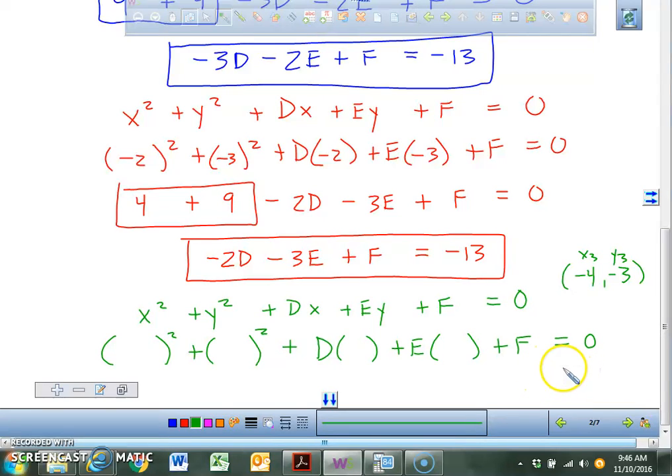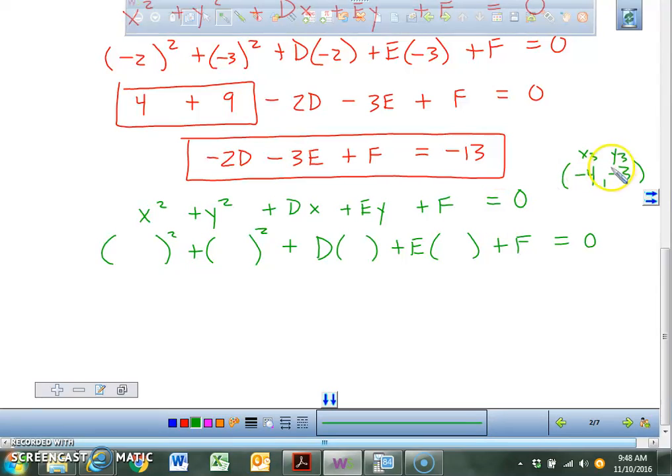All right. So now I'm going to take these coordinates. I'm going to go ahead and pause, let people catch up. All right. Now we're going to plug these numbers in. -4, -3, -4, -3. We're going to square this. Square this. Multiply the -4. Multiply the -3.